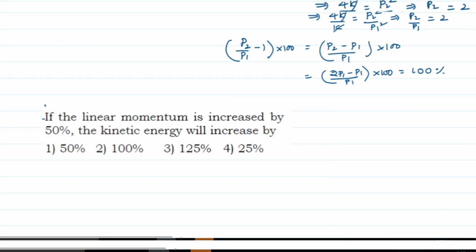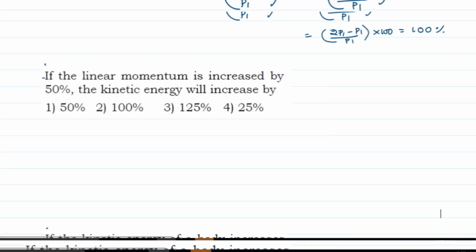Let us see the next question. If the linear momentum increases by 50%, its kinetic energy will increase by how much, it is asking. So let us first bring the relation between kinetic energy and momentum. Kinetic energy is directly proportional to P square.